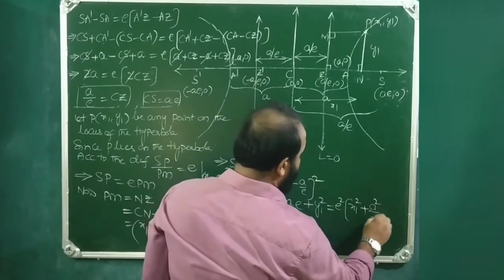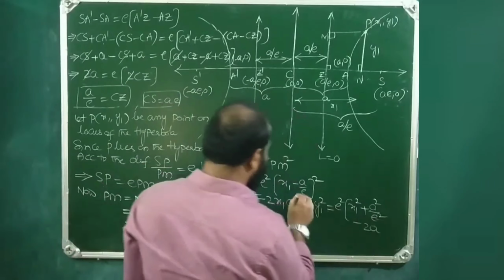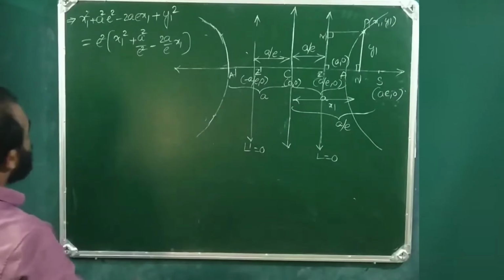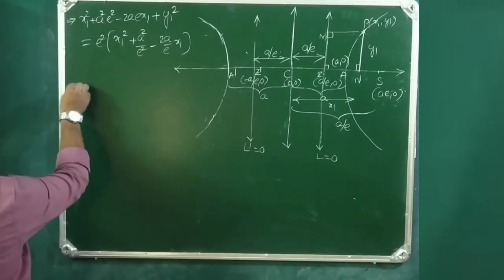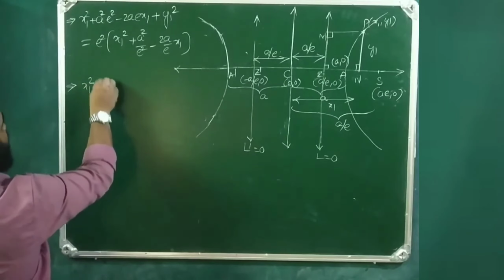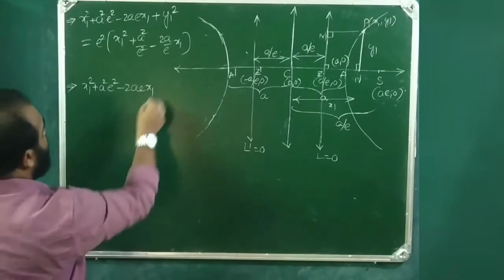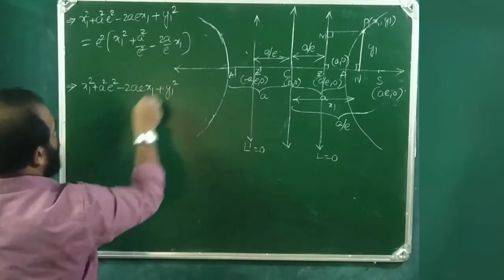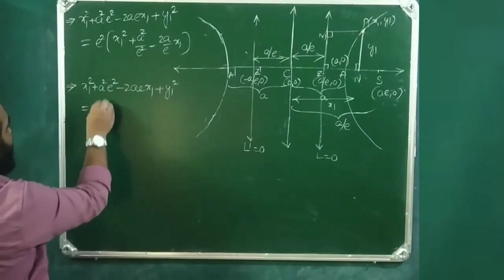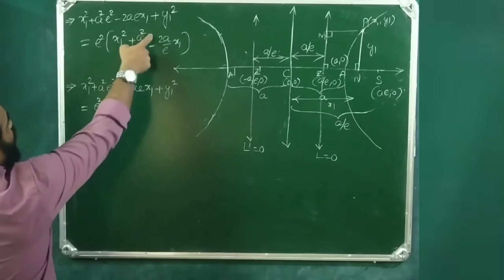This is A square by E square minus 2A by E x1. So this is what we have obtained. Now this is equal to x1 square plus A square E square minus 2AE x1 plus y1 square is equal to E square into x1 square, E square x1 square plus E square into A square by E square.